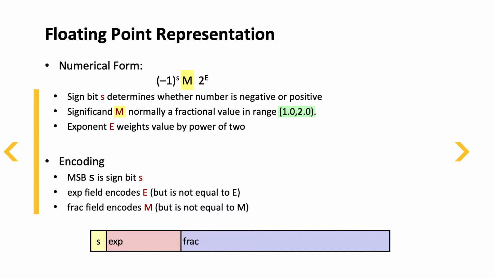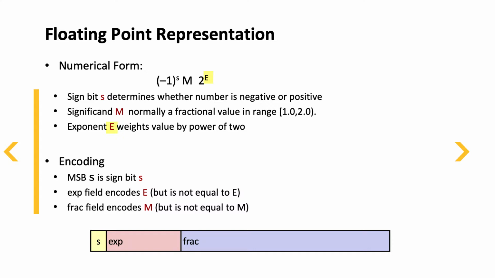That indicates that 1.0 is inclusive on that side of the range, but the 2.0 is exclusive. So the significand is going to be between 1.0 and whatever's just barely under 2.0. It's never actually going to be 2.0. And the exponent e weights the value by some power of 2.